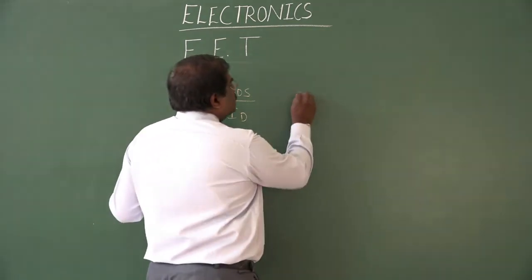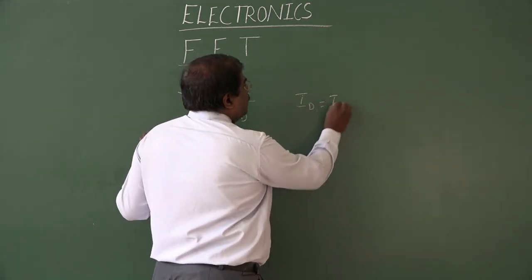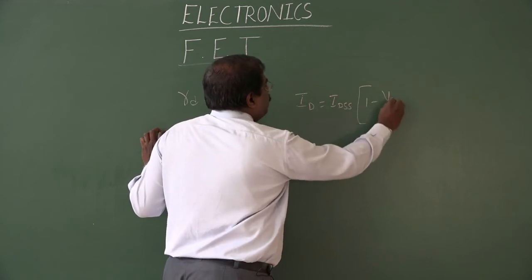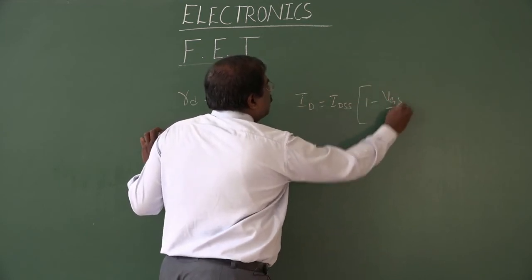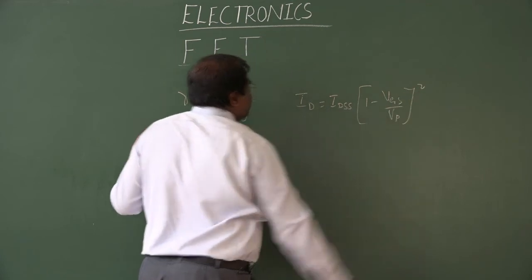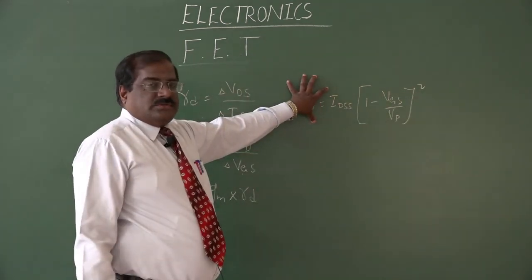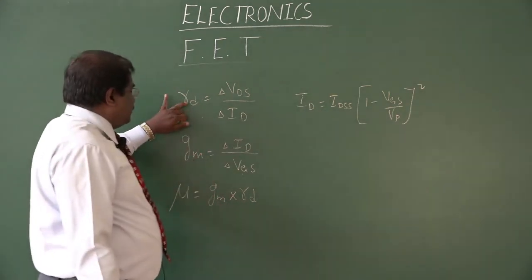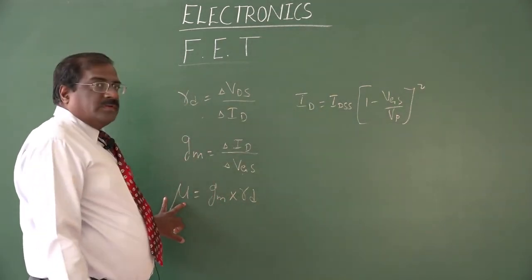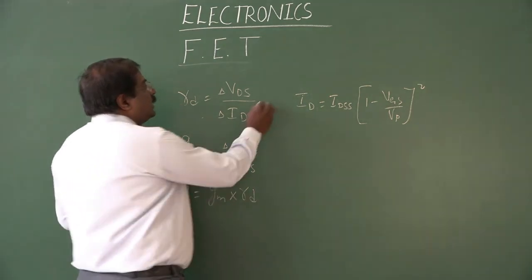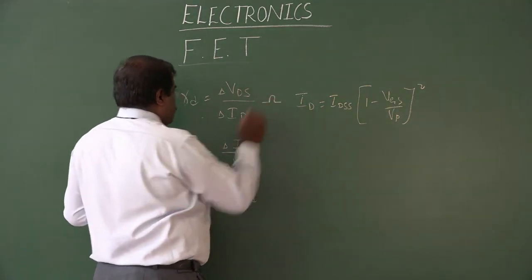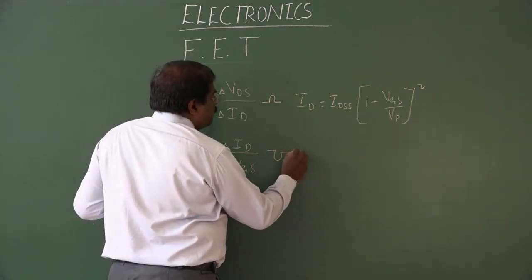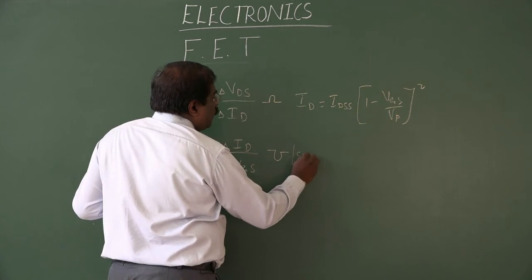The Shockley equation is ID equals IDSS times 1 minus VGS by VP, whole square. That is the Shockley equation for the drain current characteristics. So, drain resistance, transconductance, mu equals GM into RD. For drain resistance, the SI unit is ohms. For transconductance, the unit is mhos or Siemens, any one we can call it.